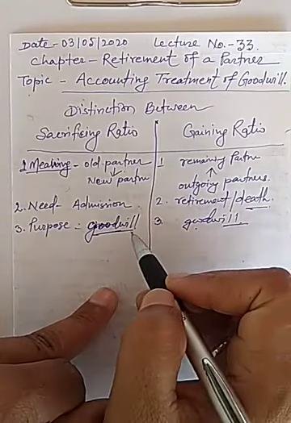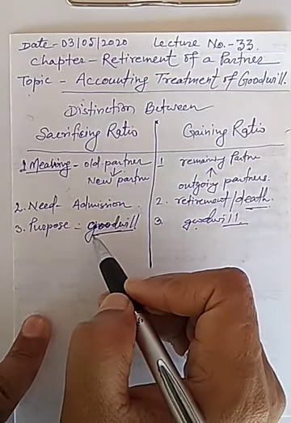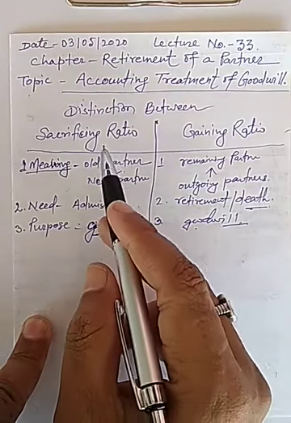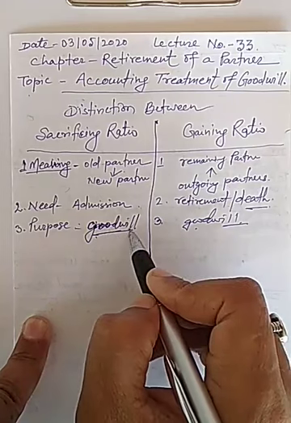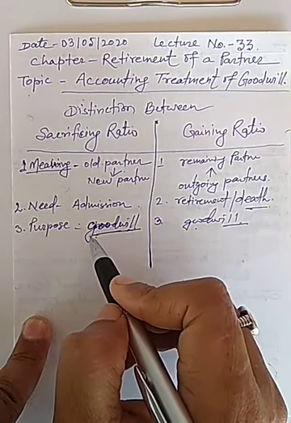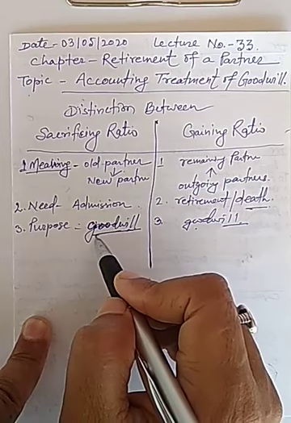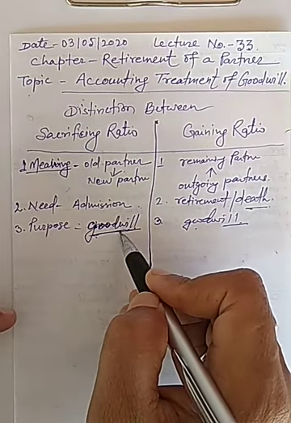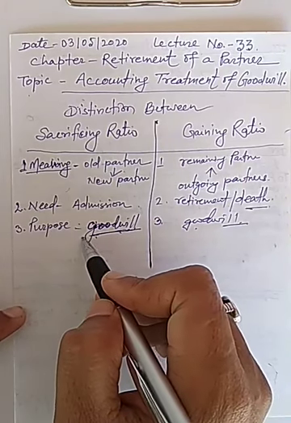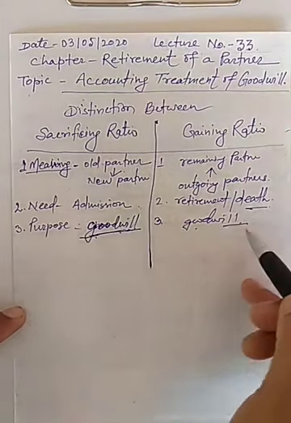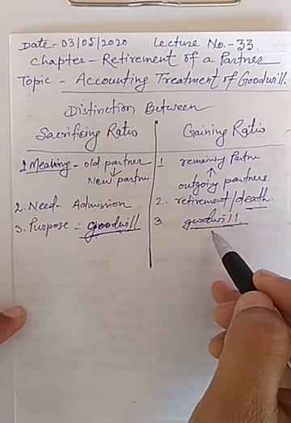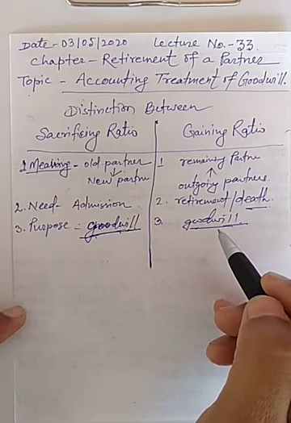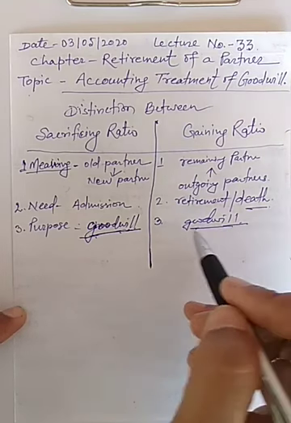In both cases, purpose will be the same, but in sacrificing ratio, it will be calculated at the time of admission for distribution of goodwill, and gaining ratio is calculated for giving the outgoing partner his share of goodwill.